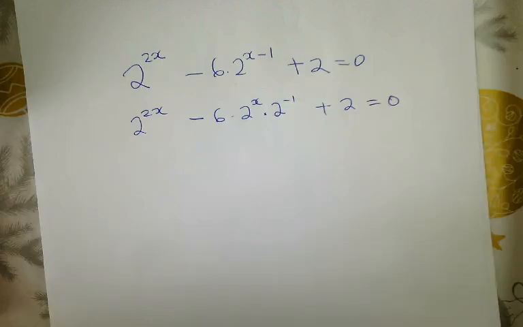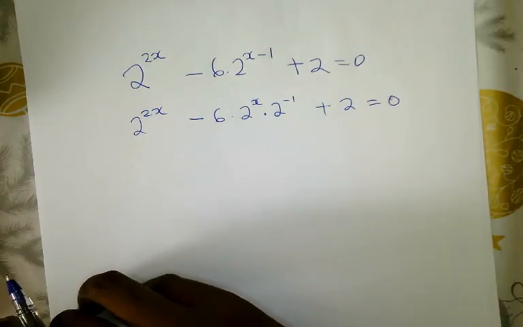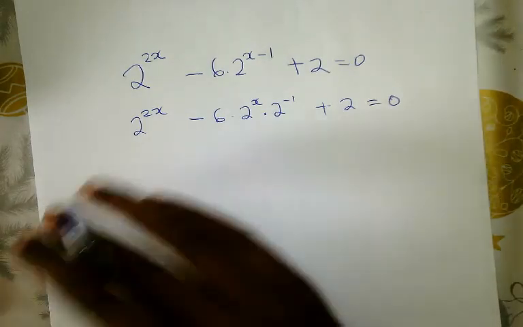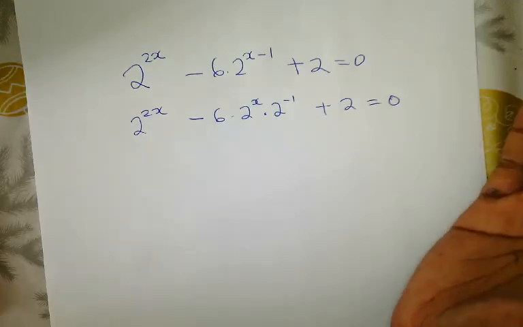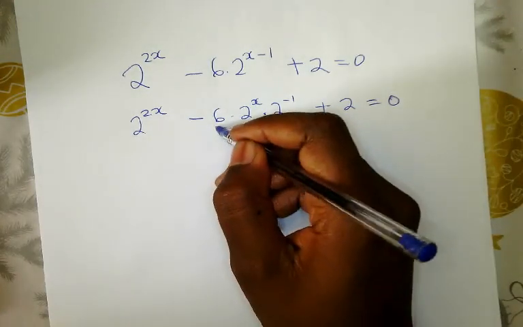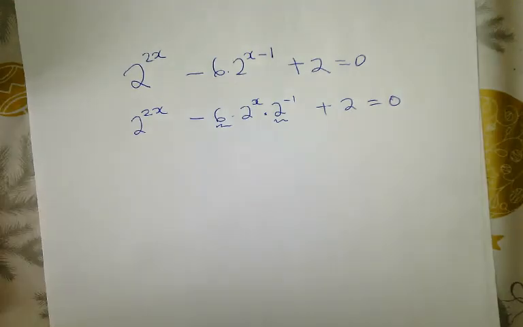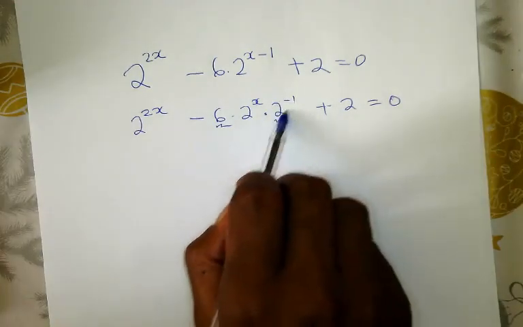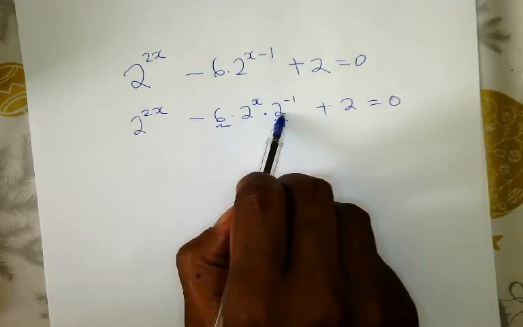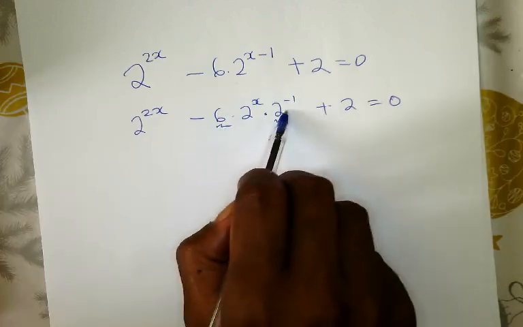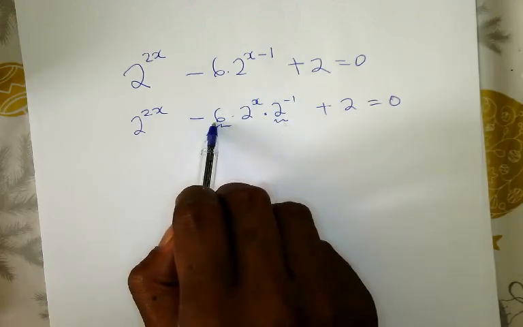What else can I do? I can't do much, but I can multiply these two together. So this, I can change it into a fraction, it's a half. So a half of 6 will be how much? 3. So 2 squared minus 3, 2x 2.